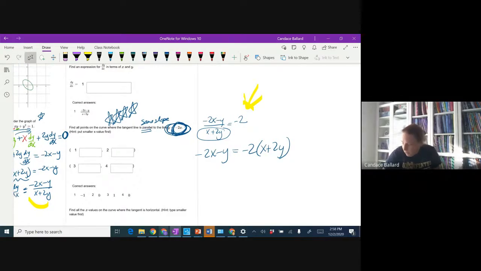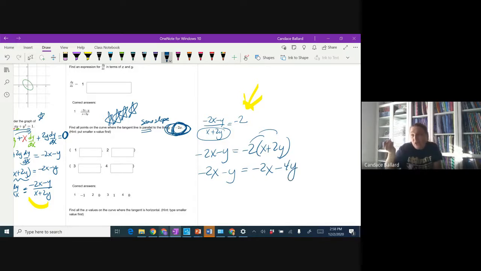All right, I am going to go ahead and distribute the 2 and just see what happens. I'm following my rules, really not knowing where this is going yet, but I'm going to try. So negative 2x minus y equals negative 2x minus 4y. Not knowing what else to do, and knowing there are still 2 variables there, I'm just going to try adding 2x to the other side and check out what happens.